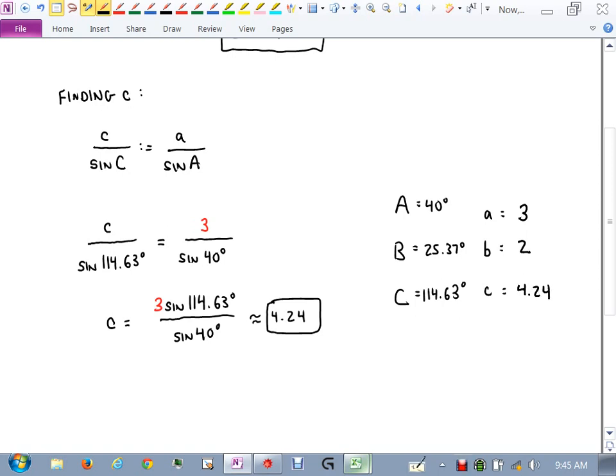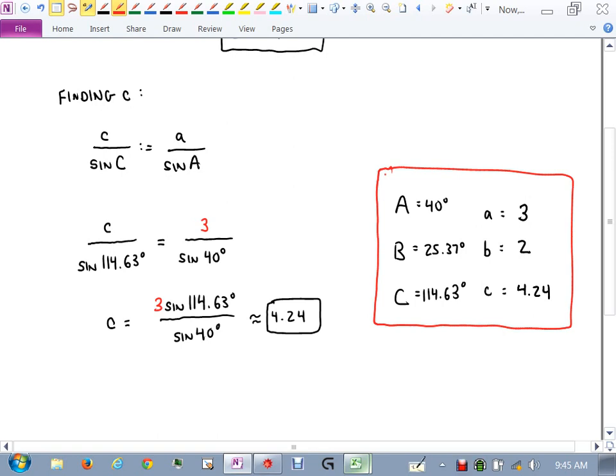Now, this is definitely not a way to check your answer to make sure it's right, but this is something you can do to note if you did something really wrong. The smallest angle should match the smallest side, the largest angle should match the largest side, and the middle angle should match the middle side. So my largest angle is 114, and that side is 4.24, which is the largest side of the triangle.